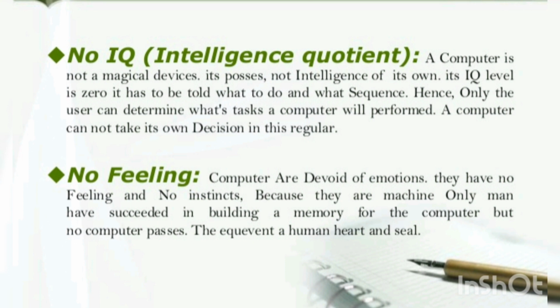If wrong input is given, the result produced by the computer is also wrong. A computer cannot take any decisions without humans. The computer always depends upon the human being, even though it has a lot of features.